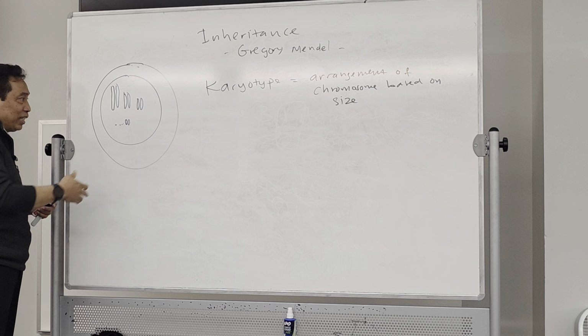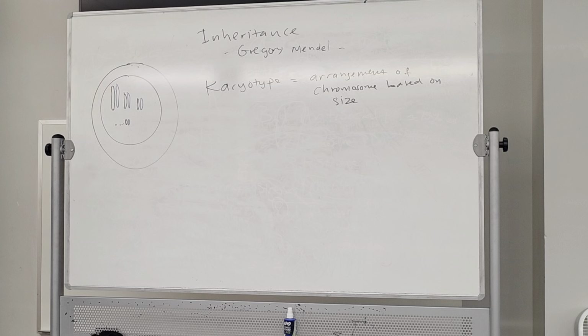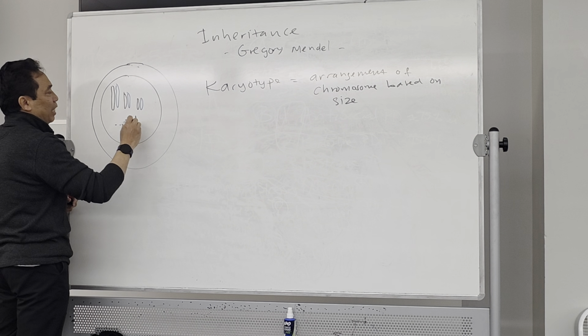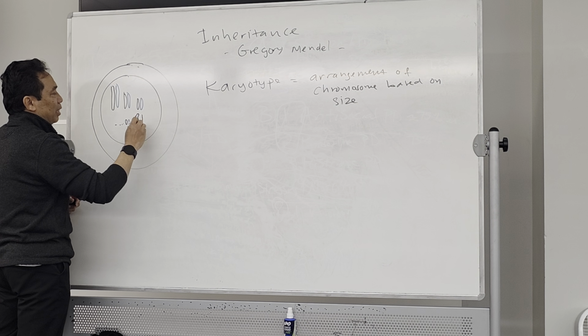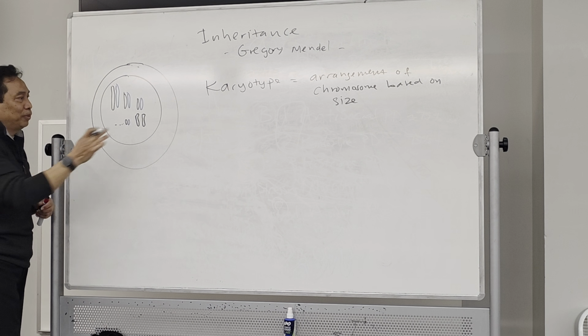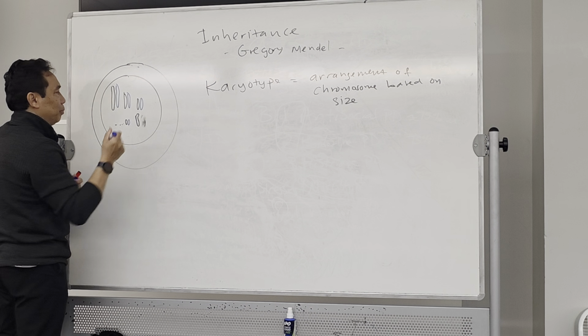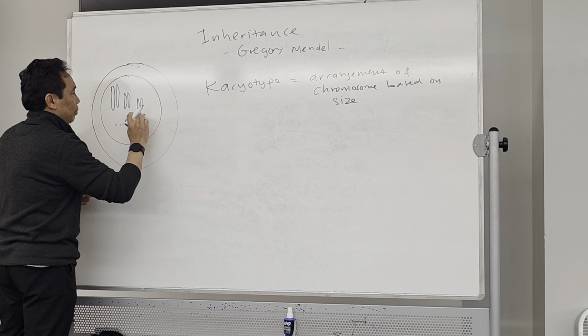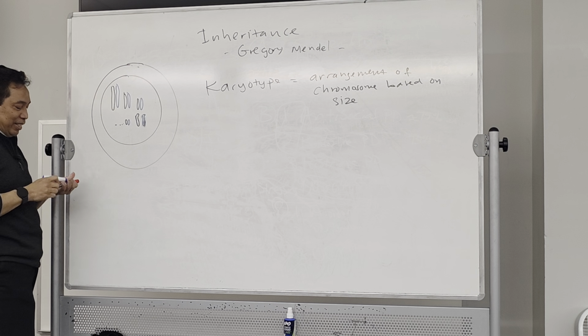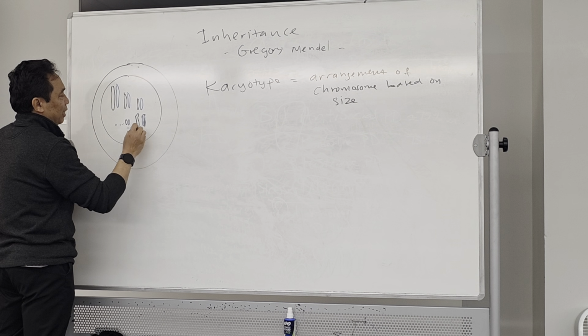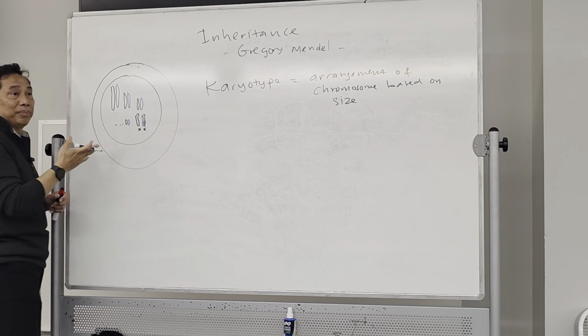If it is female, that pair will be the same size because it is the same chromosome, which is X chromosome. So let's say this is an X chromosome, this is another X chromosome. Oh, sorry, one should be coming from the mother. Okay, so this is X and X.